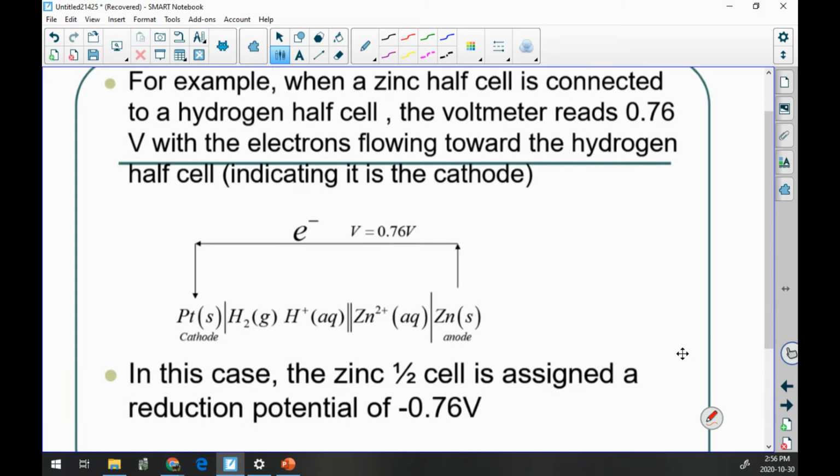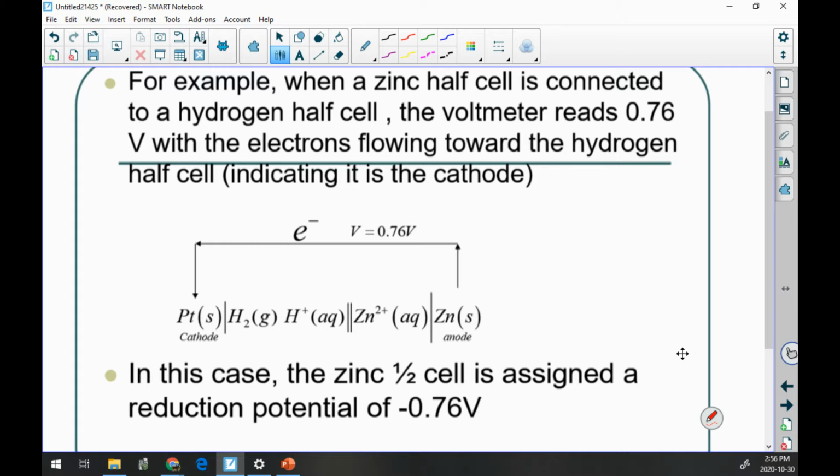So the half cell potential for zinc is negative 0.76. They created a zinc half cell, connected it to a hydrogen half cell at standard conditions, connected a voltmeter to it, read it, and found that the electrons were flowing towards the hydrogen.